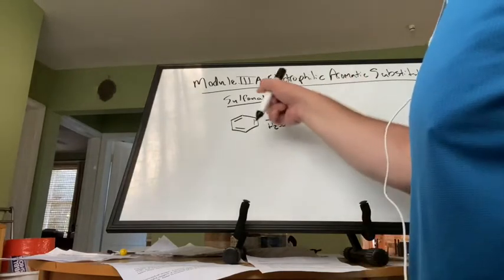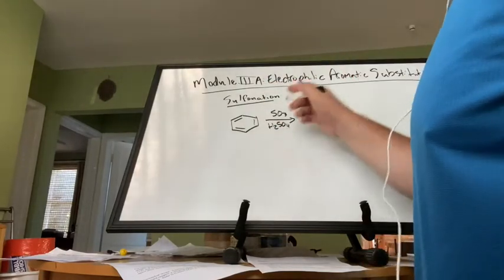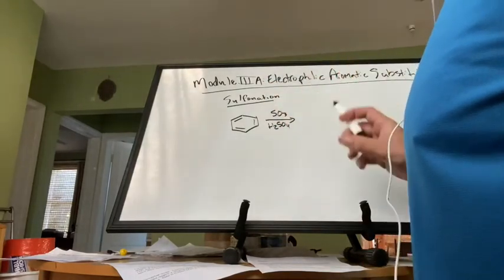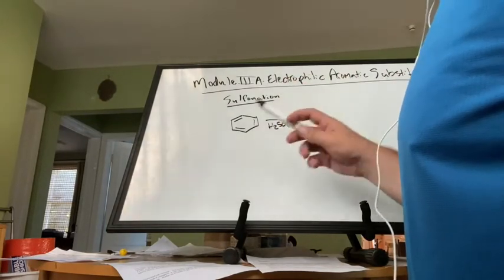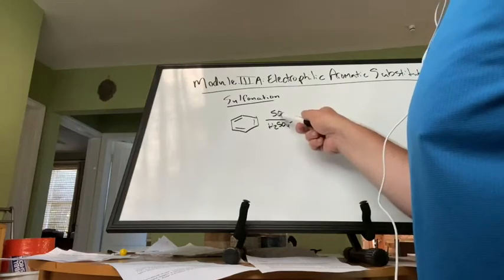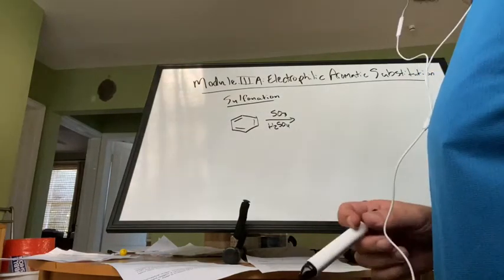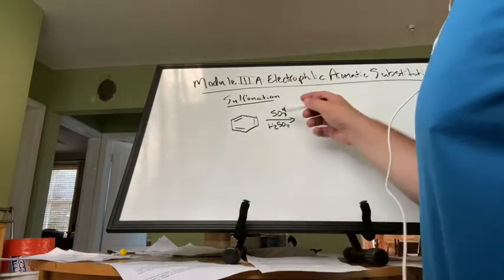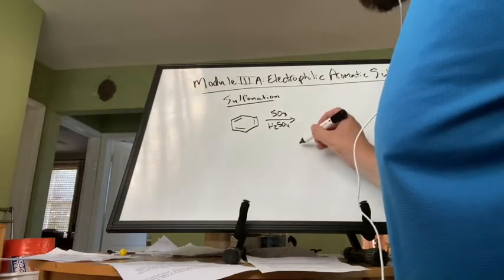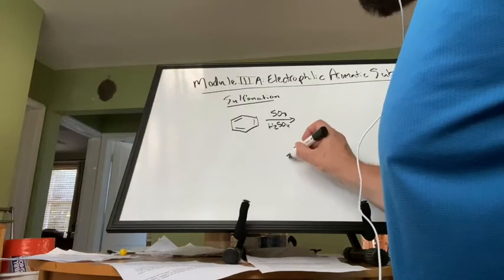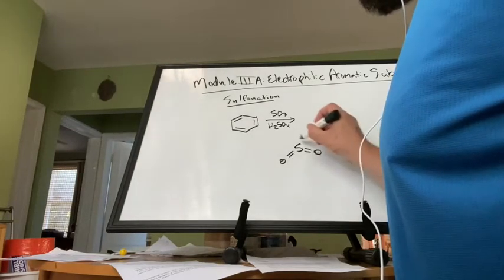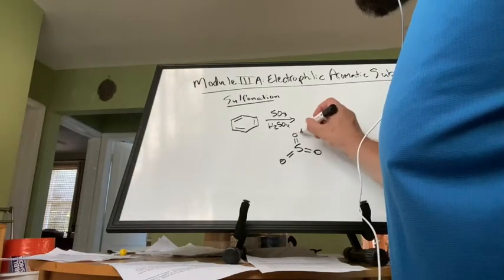Okay, so the next electrophilic aromatic substitution I'm going to go over is sulfonation. So this is what is referred to as fuming sulfuric acid. SO3 is going to look like so. Okay.